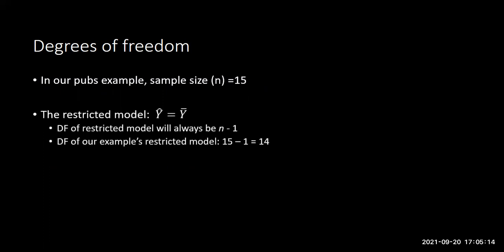And so, in our publications example, we have 15 people. In my restricted model, I have one parameter I'm estimating. So the degrees of freedom for the restricted model are always going to be equal to n minus 1, because I'm only estimating one parameter. So the degrees of freedom for our example is 14, 15 minus 1.